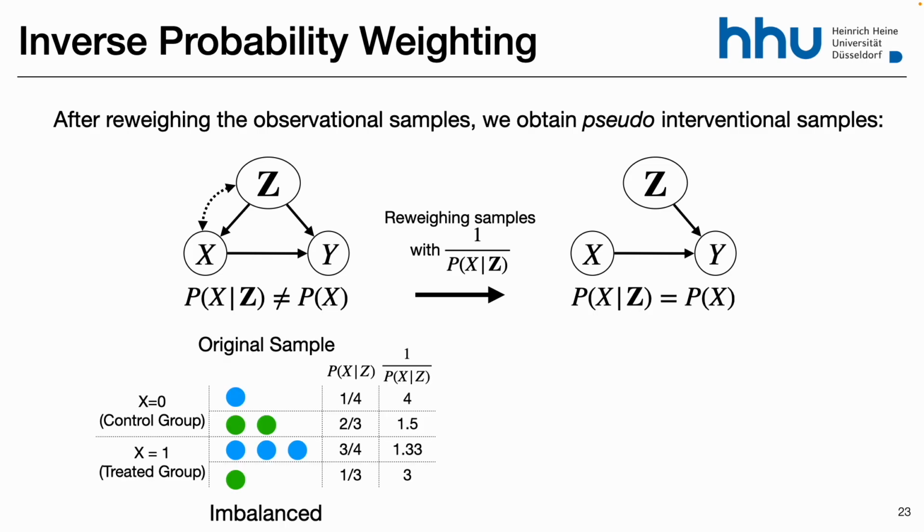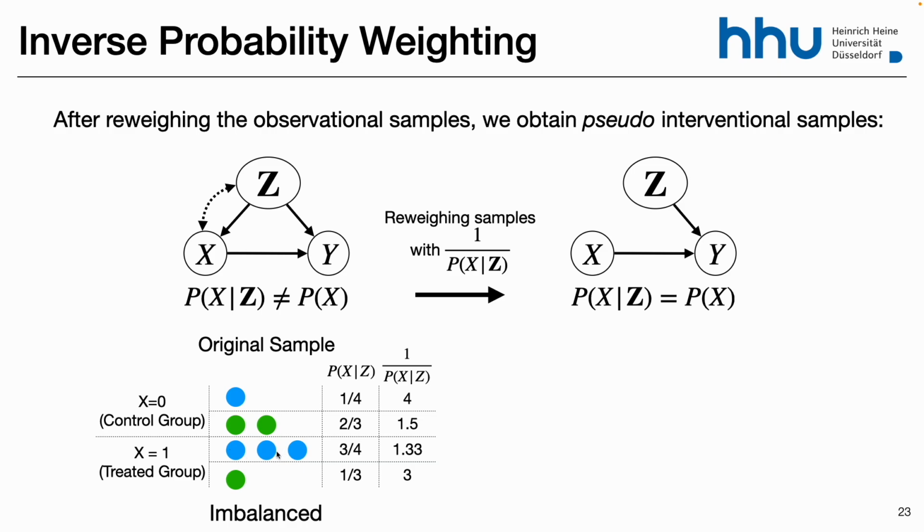Just an example here. Suppose that's my original sample, and the colors represent the Z's, the categories. Suppose that I have just 2 categories. You see that there is an imbalanced sample, in the sense that in the control group I have just 3 samples, and in the treatment group I have 4 samples.